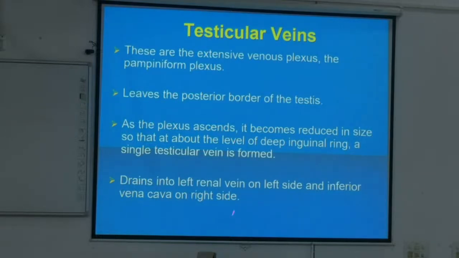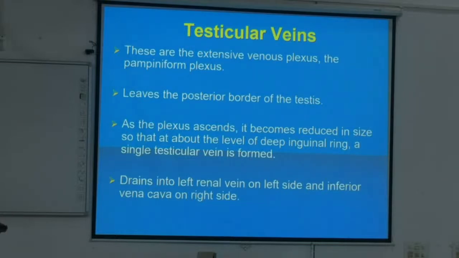That is important for your Viva and MCQ. On the left side, it drains into the left renal vein, and on the right side, it directly drains into inferior vena cava. Left renal vein again drains into inferior vena cava. So drainage on the two sides is different for testicular vein, but arteries are branched from abdominal aorta on the two sides.